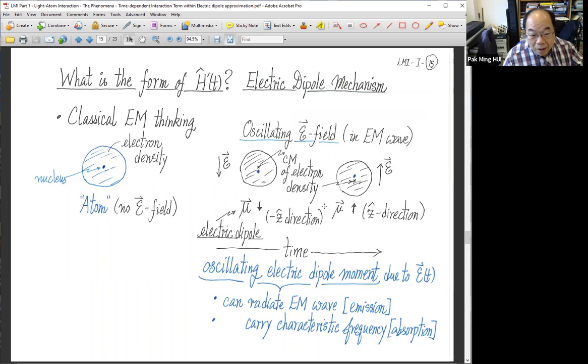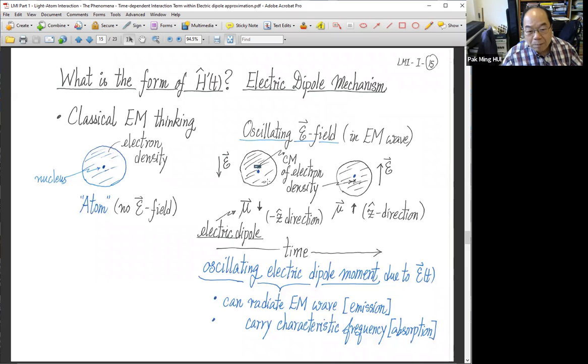oscillating. Once it oscillates, the nucleus, which is the positive charge, and this cross, I try to depict the center of mass or center of gravity of this electron density. They deviate in location.